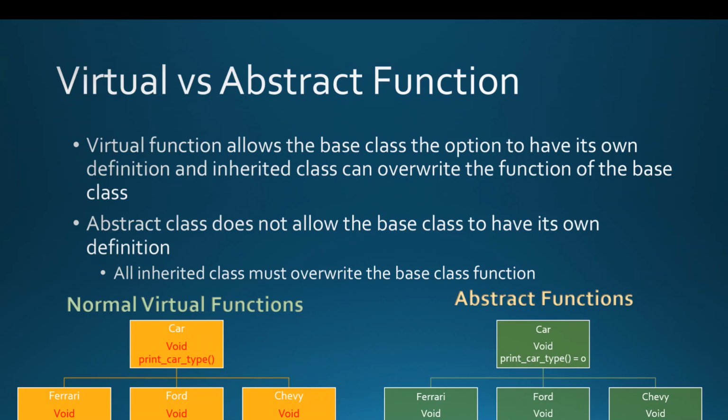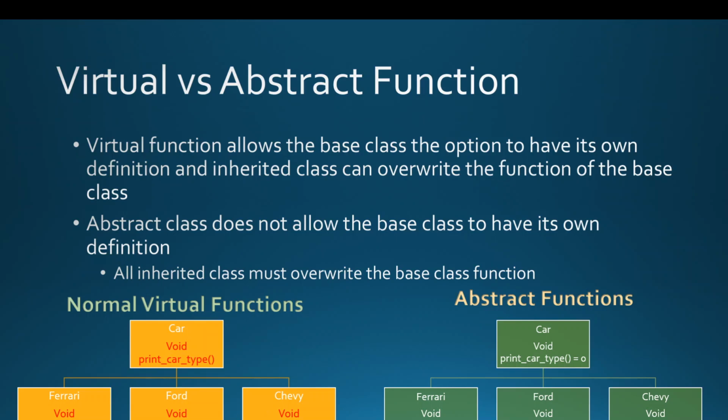You just define it to print out I'm a Ferrari. That overrides the car's version, so instead of printing I am a car, it's printing what you have defined in the Ferrari class. The same thing goes for the Ford and Chevy classes. Every class that inherits car, if you define the function in the inherited class, the car class will not make use of its own function. It's going to make use of the function of its inherited class.